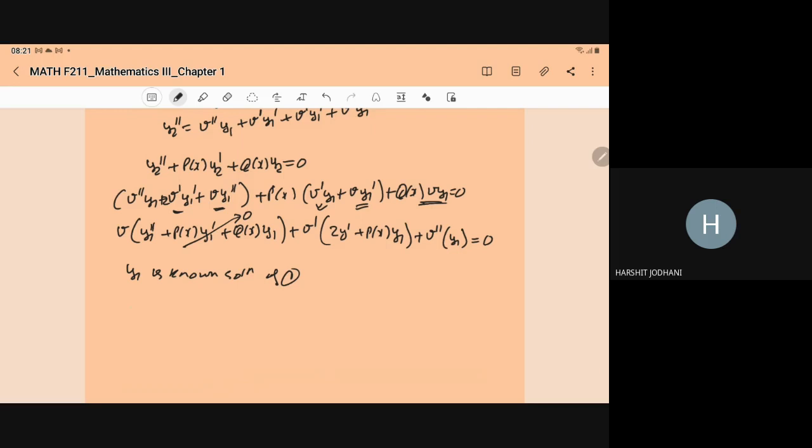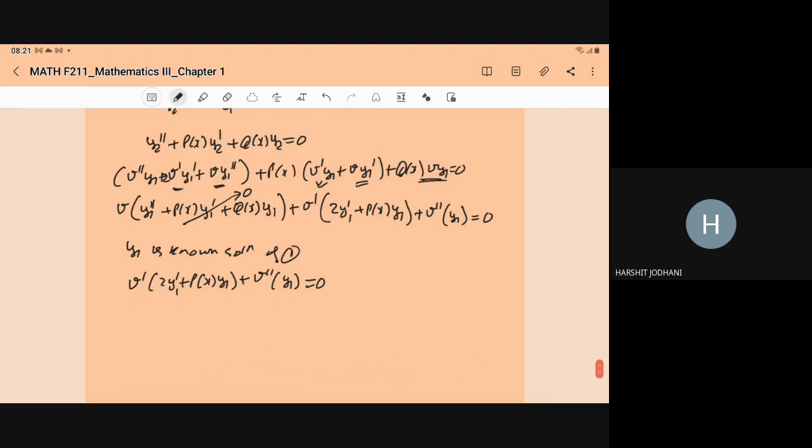So it will give v dash times (2y1 dash plus p y1) plus v double dash y1 is equal to 0. The v term becomes 0, so here we have only this much.